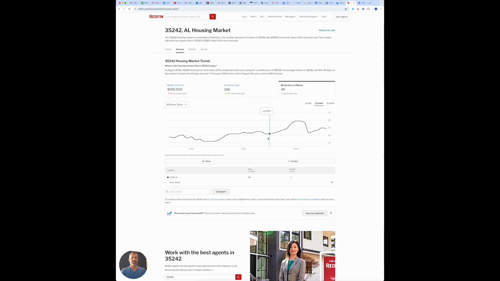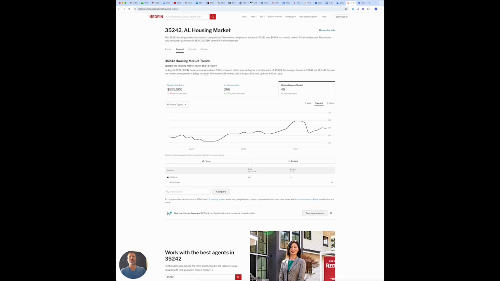Because then at least you can factor that into your deal calculator, plug in 49 days holding time. Or is it clearly going higher, in which case we don't know how much higher than 49 days it's going to go. If it goes all of a sudden to 60, 70 days on market, it becomes a much less desirable deal and maybe a market you want to stay away from.